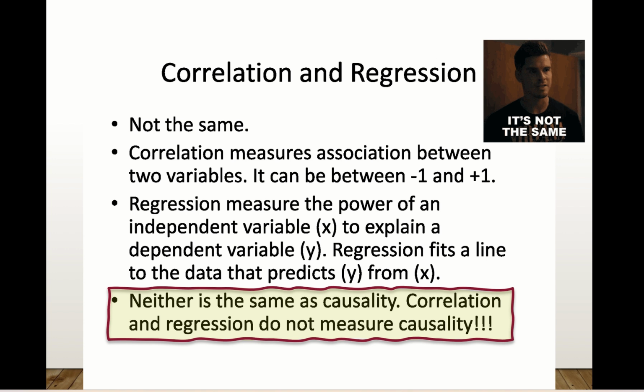So you're trying to predict one variable from another one, whereas in correlation, there is no prediction, okay? But keep in mind that neither correlation nor regression explain causality. Regression can show you some potential factors that may be causing one variable to behave one way, but neither correlation nor regression explicitly imply causality.